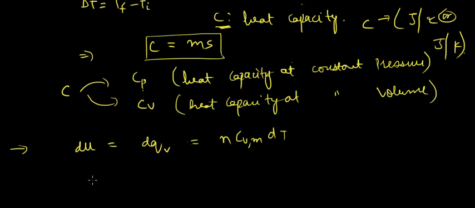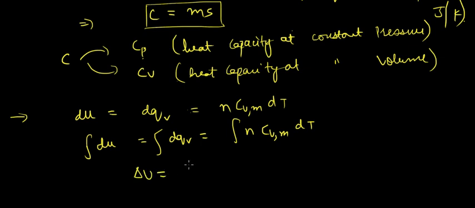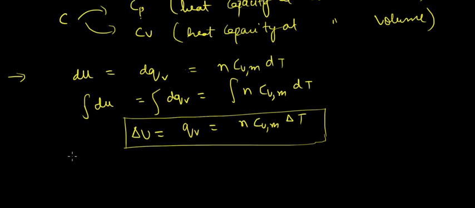Okay, so we can integrate n cvm dt. So delta U would be Q at constant volume, that would be equal to n cvm delta T, where U is internal energy.